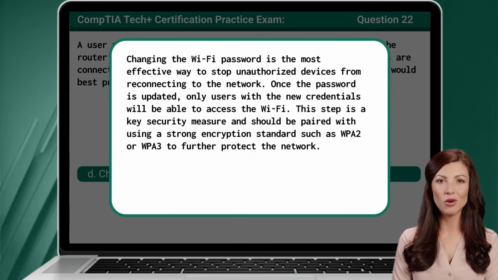Changing the Wi-Fi password is the most effective way to stop unauthorized devices from reconnecting to the network. Once the password is updated, only users with the new credentials will be able to access the Wi-Fi. This step is a key security measure and should be paired with using a strong encryption standard such as WPA2 or WPA3 to further protect the network.